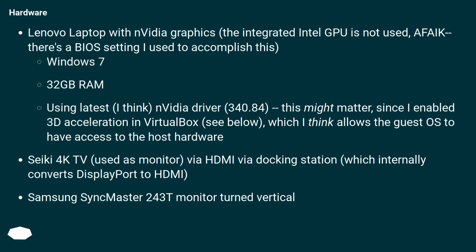This might matter, since I enabled 3D acceleration in VirtualBox, see below, which I think allows the guest OS to have access to the host hardware. Seiki 4K TV, used as monitor, via HDMI via docking station, which internally converts DisplayPort to HDMI. Samsung SyncMaster 243T monitor turned vertical.